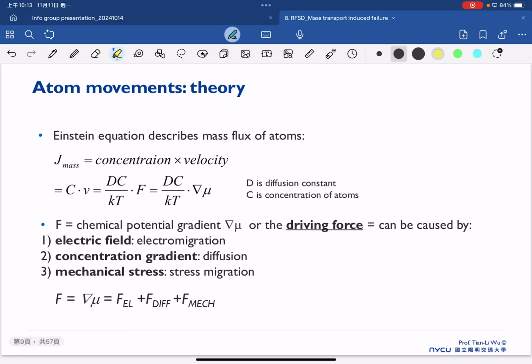Now the previous one is something already discussed in the previous lecture, so it will not be the main focus on this part. In this part, we are trying to understand how this equation can help us understand the electron migration. So basically, this Einstein equation describes the mass flux of the atom. So our flux is equal to concentration times velocity.